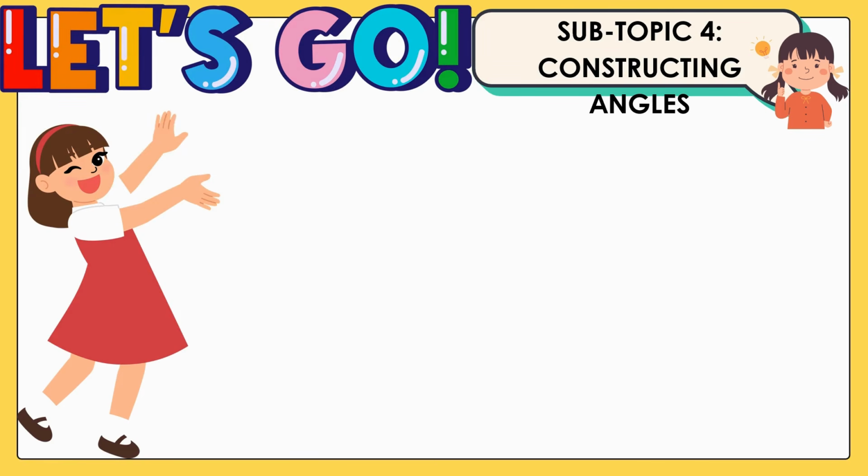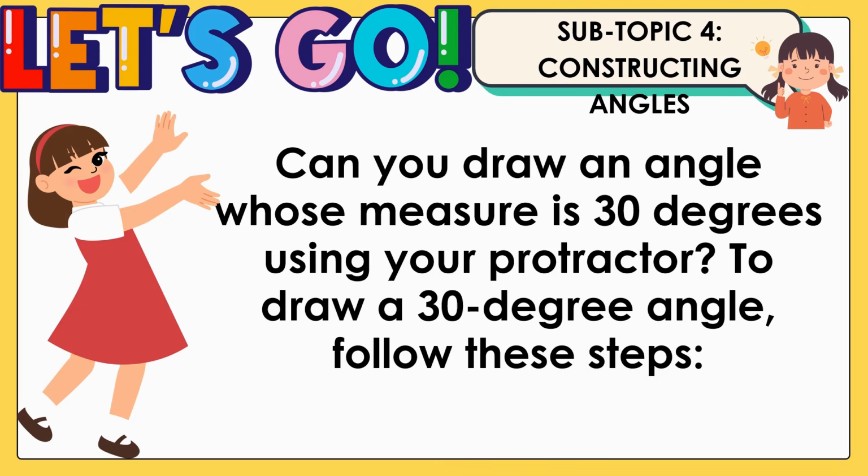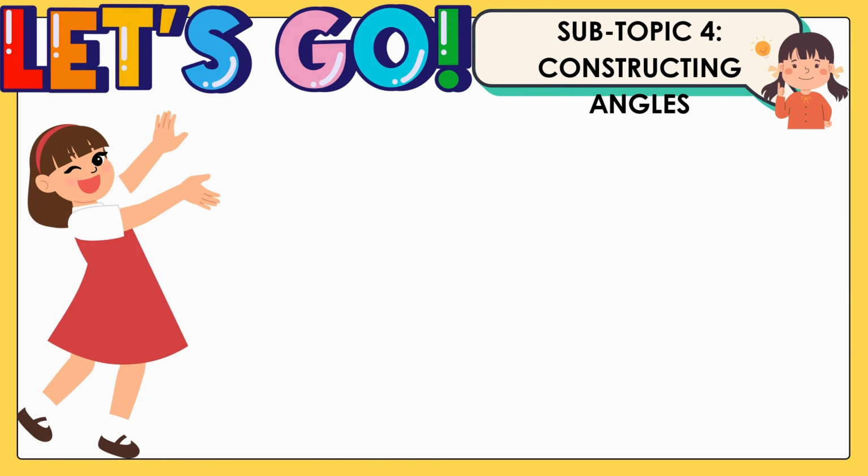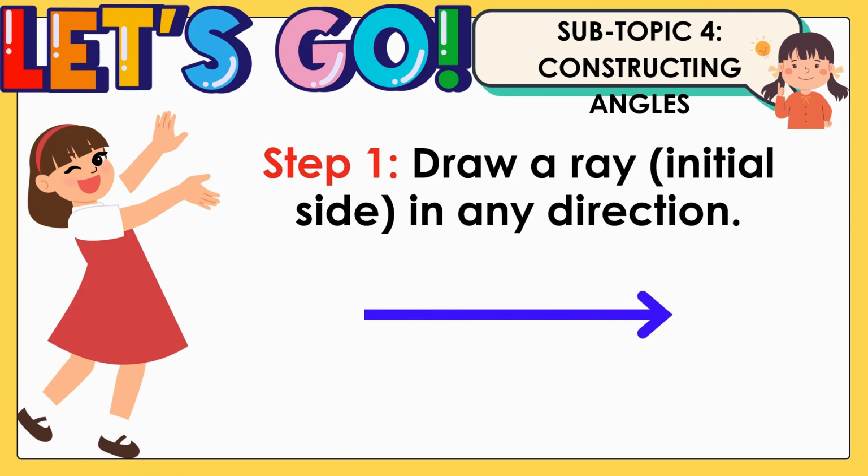For our Day 5 lesson, it is all about constructing angles. Can you draw an angle whose measure is 30 degrees using your protractor? To draw a 30-degree angle, follow these steps. Step 1.